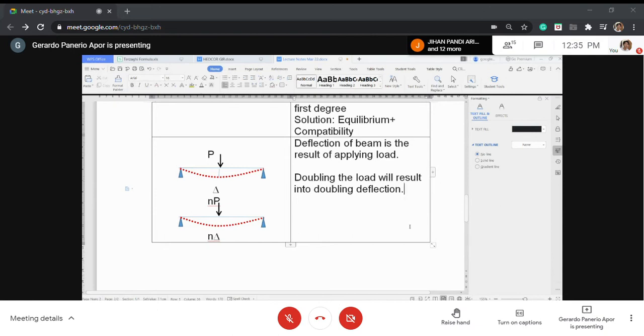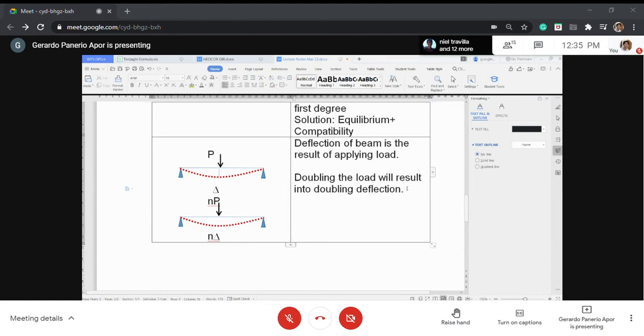But too strong also has a good and bad effect. The good is that your structure will become very strong and durable, but the other one is it is very expensive. So the owner will say, I will not build like that, I will just use a smaller section so that it will be a lot cheaper.